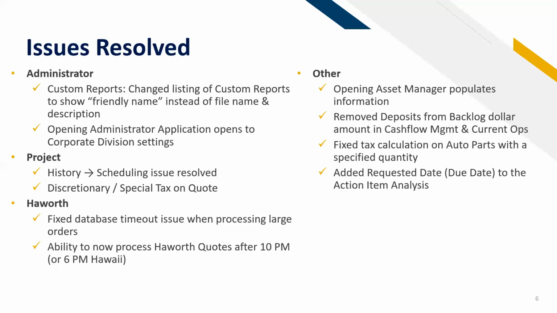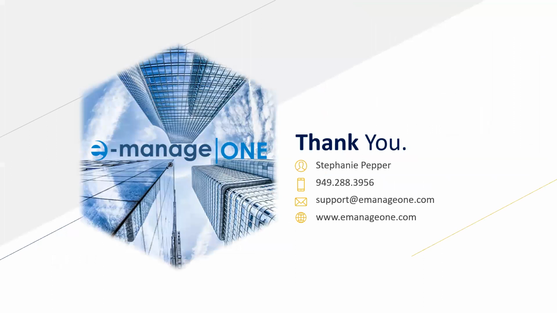If you're curious on any more details on that, let me know. It's a neat tool to analyze what's out there for people to complete and how long it's taking them to complete it. It's not for any other reason than to help everyone be more efficient, more productive, and more profitable. So that's really it for this update.